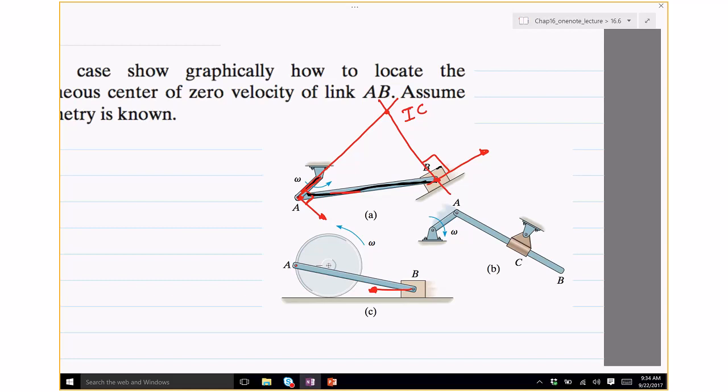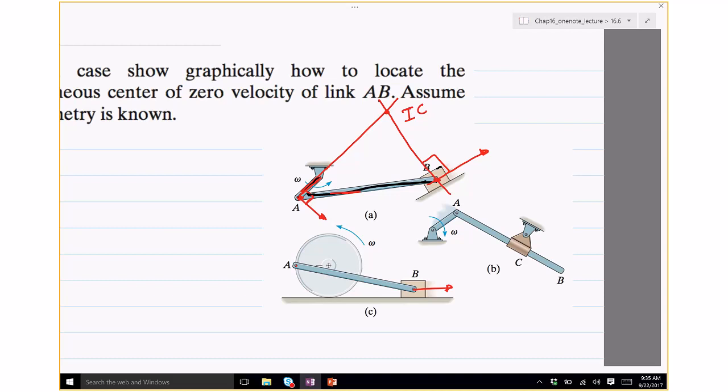When this goes this way, I think it's going to roll, right? We shouldn't have a problem if you drew the velocity that way and started answering it. We would not penalize you, as long as you show your methodology is right, that is how you find the IC.